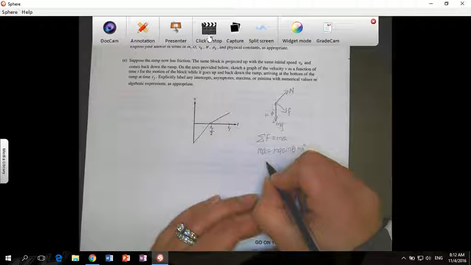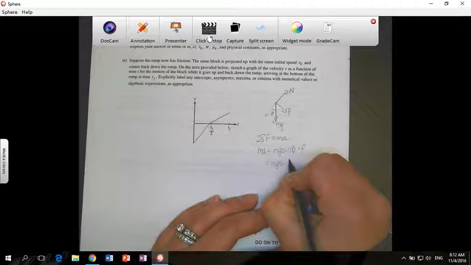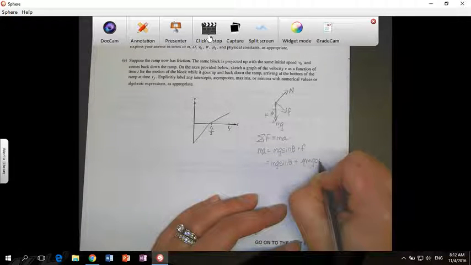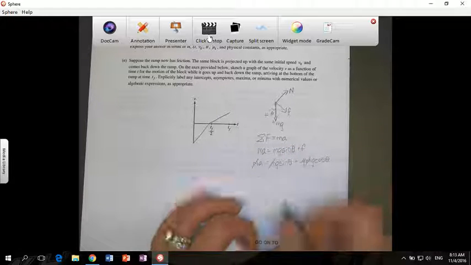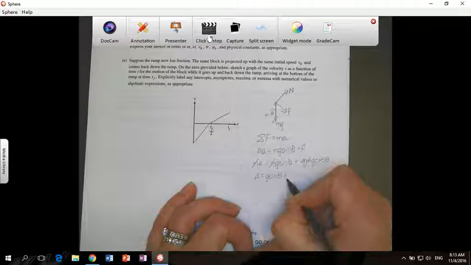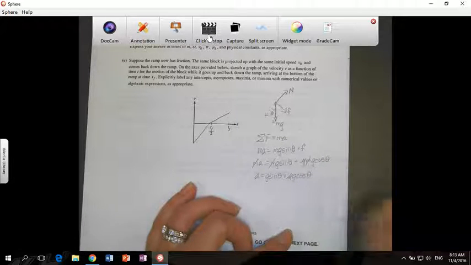And we can then substitute in and cancel out our m's. So that means a on the way up the ramp is g sine theta plus mu g cosine theta. Okay, so that's for up the ramp.